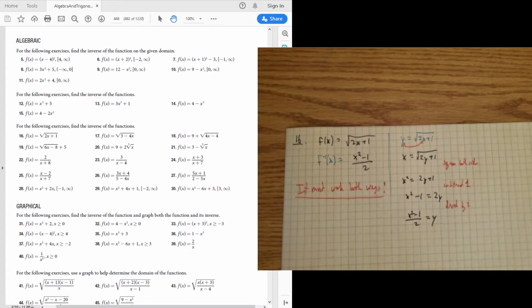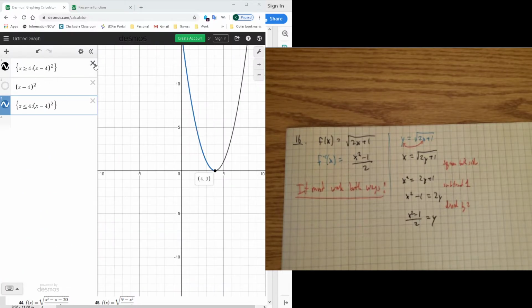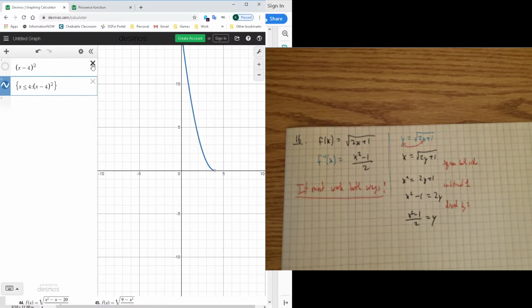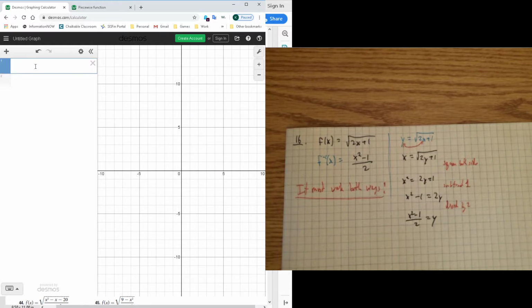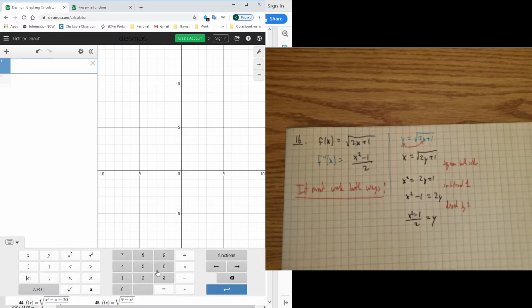If I pull up my graph again and I type in these two functions, my first function is the square root of 2x plus 1.